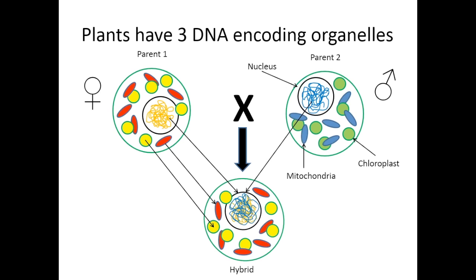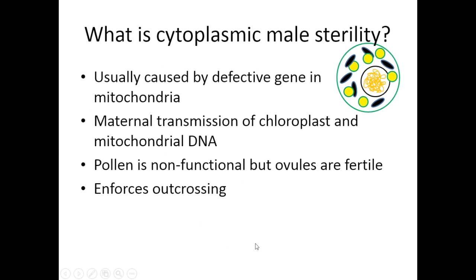So this is the basis for cytoplasmic male sterility, and what makes it so valuable is this maternal transmission. Okay, and usually, I think in every case that's known, it's a defect in a gene on a mitochondria.